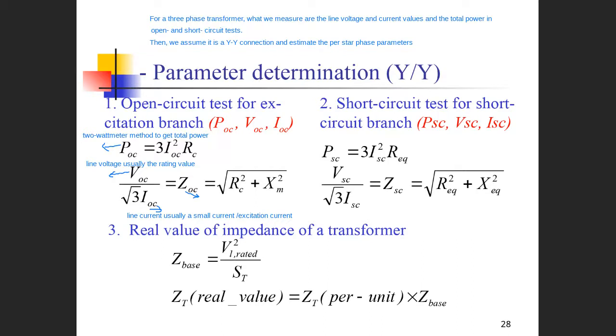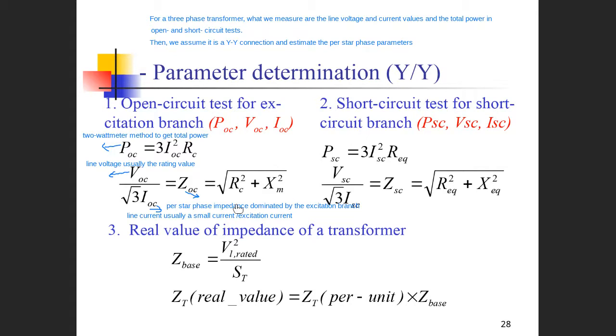So this is the per star phase impedance, which equals the per star phase voltage over the per star phase current.